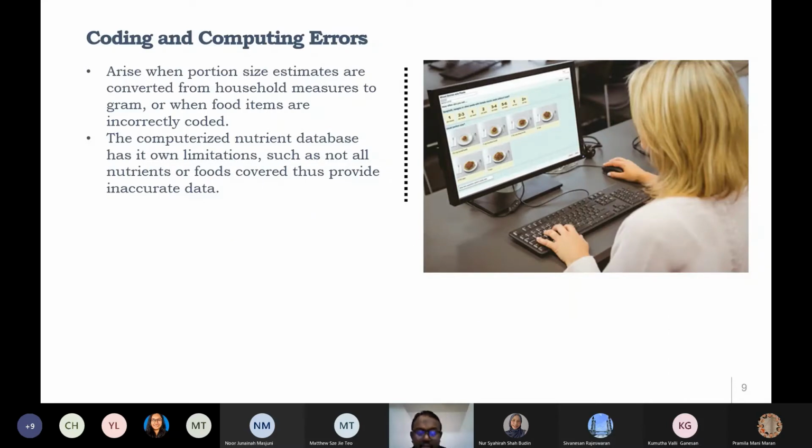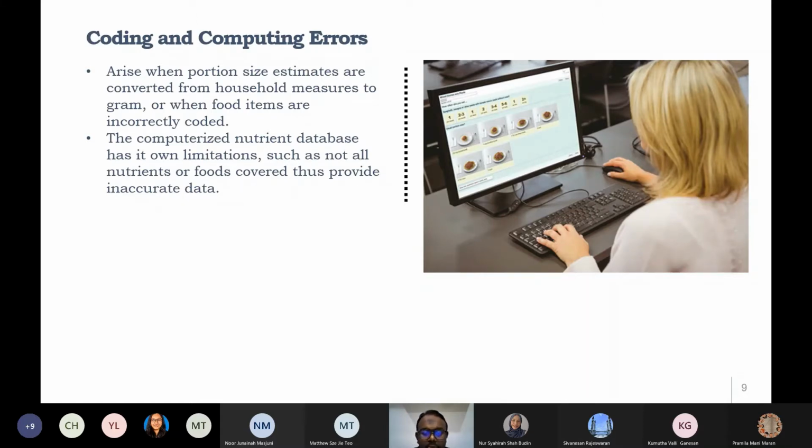So those who have tried to enter your 24-hour diary record or weight food record might have seen some of the problems with my FCD. So you might have consumed mee tarik, and there is no mee tarik in the food composition database, my FCD.